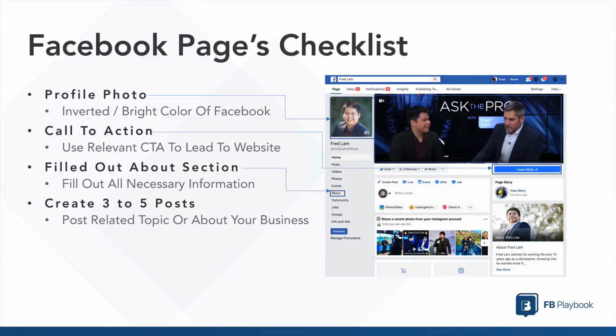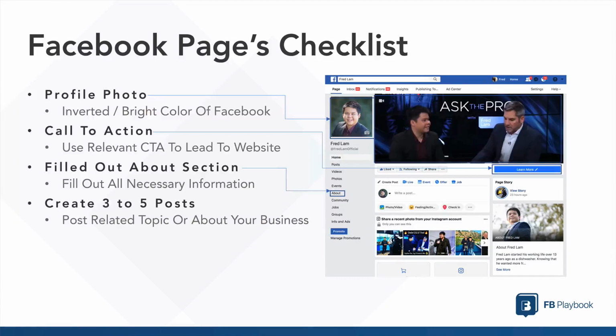Here are the 4 items that you have to accomplish before you even start creating your first ad. First of all, once you create a Facebook page, which you can do in your Facebook personal account, you want to make sure that you have a nice profile photo in place. What I usually do for the profile photo is I don't just have my logo of the brand there.